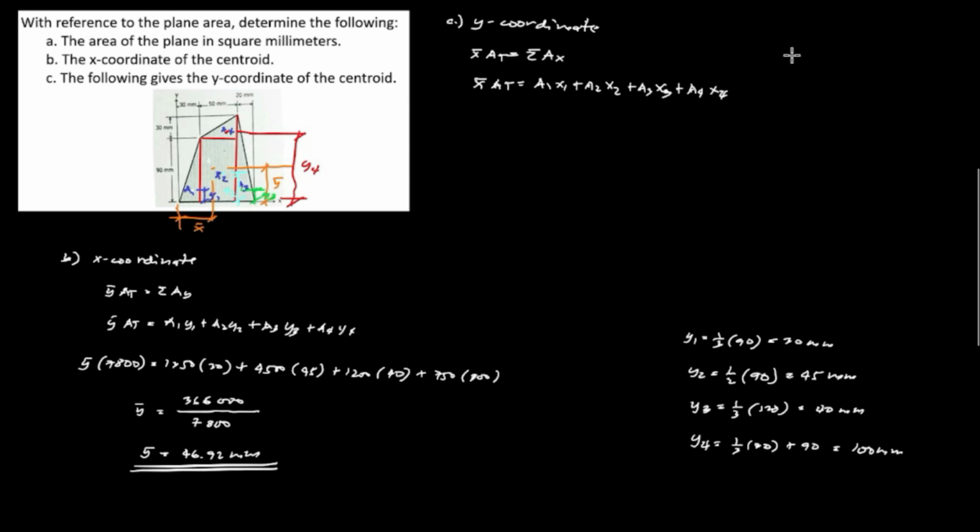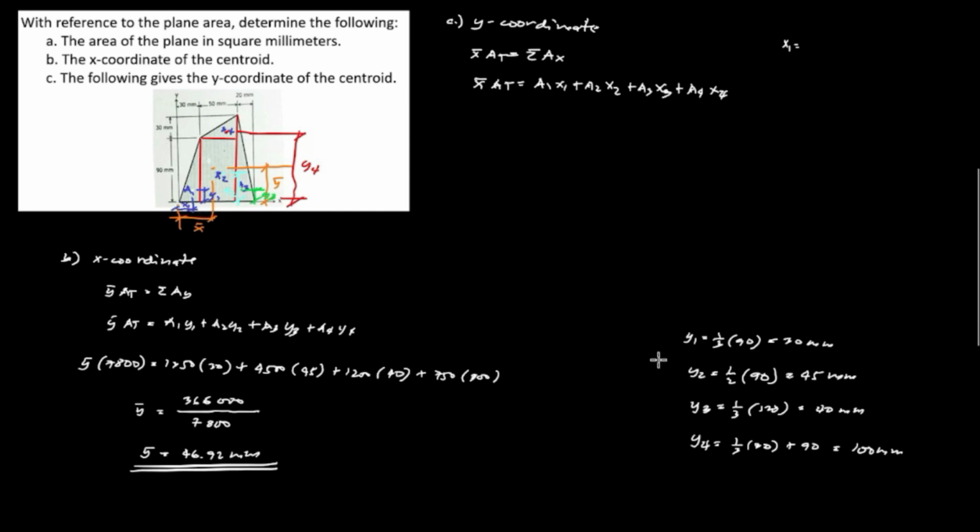So we will now locate the distances of x. So x1, which is based on the area 1, and the distance from this point up to this point is x sub 1.